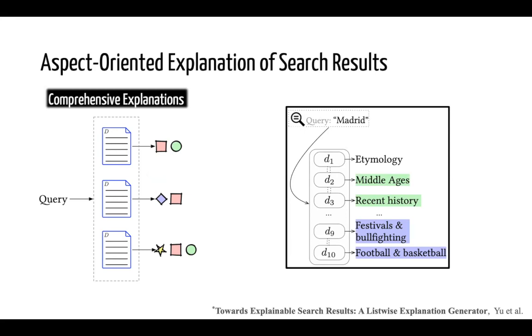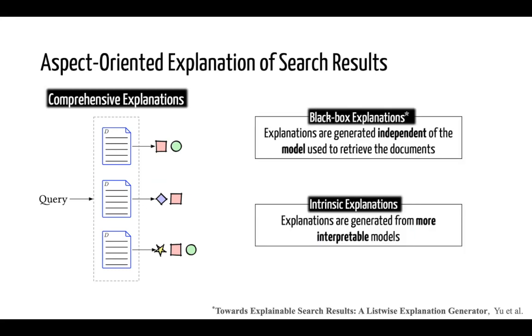Now, how can we generate this explanation? There are two different ways to generate this kind of explanation to help users. One setting is that we generate these explanations in a black box setting. We have search results, and we don't know or don't use the models that have been used to generate such results. We try to explain this set of documents, or information space, just by using the textual information that we have here.